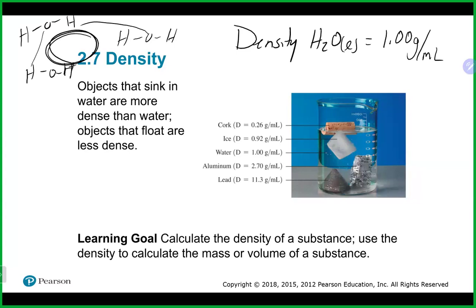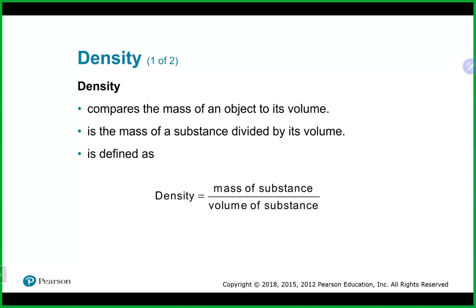And that lowers the density of ice. Again, that's a very unusual property. Usually it's the opposite. You're more dense a lot of times in your solid state than in your liquid state. So you see some pieces of aluminum and lead are more dense than liquid water, so they sink. The formula for density is D is equal to M over V.